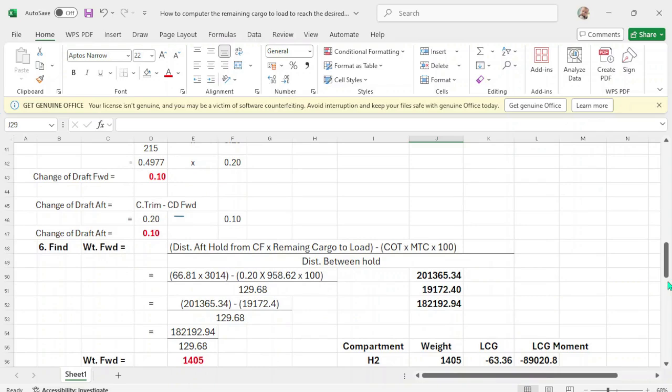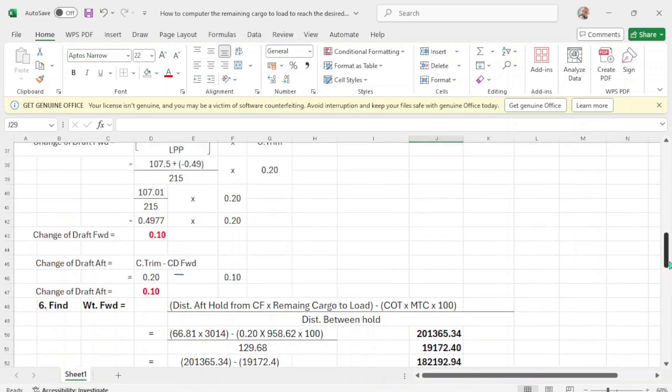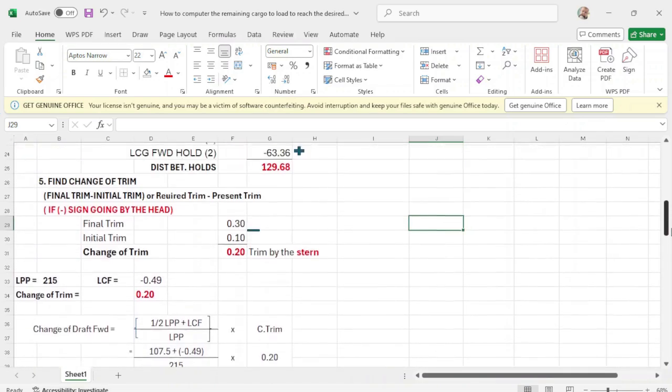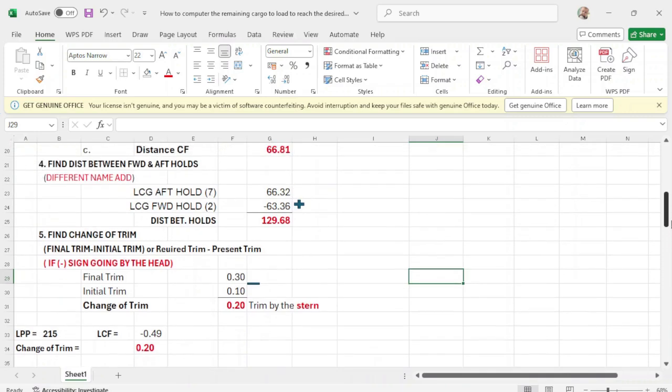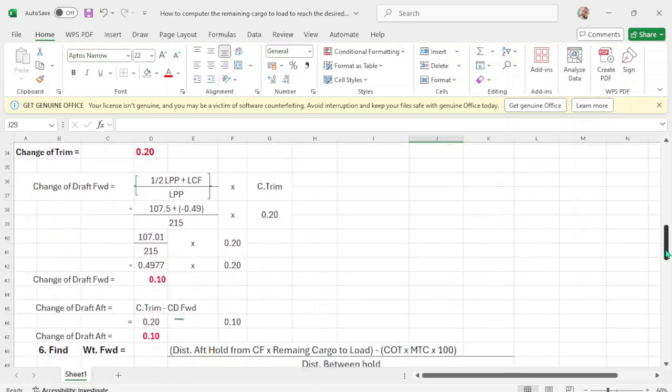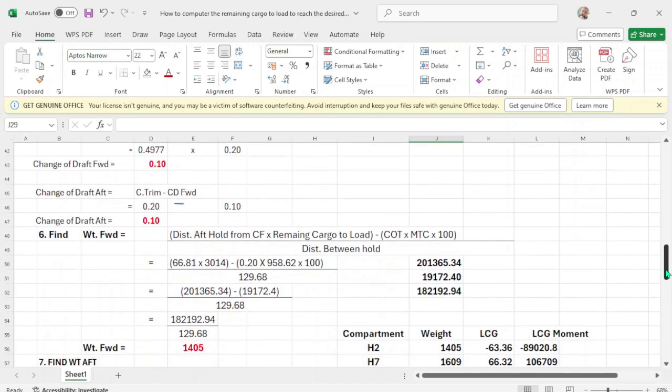Distance between holds, meaning the distance from hold number 2 to hold number 7. You add this one because of different names, add. Distance will be 129.68. You got your 129.68.